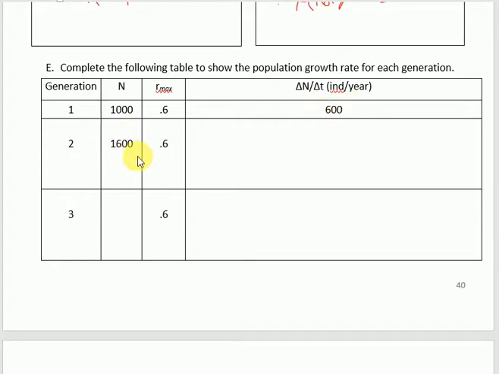So we are now at 1,600 times the 0.6, which gives us 960. Which means that we have to add that 960 to the next generation. So it would be 2,560. And then you would do the calculations and so on and so forth to keep adding each generation.